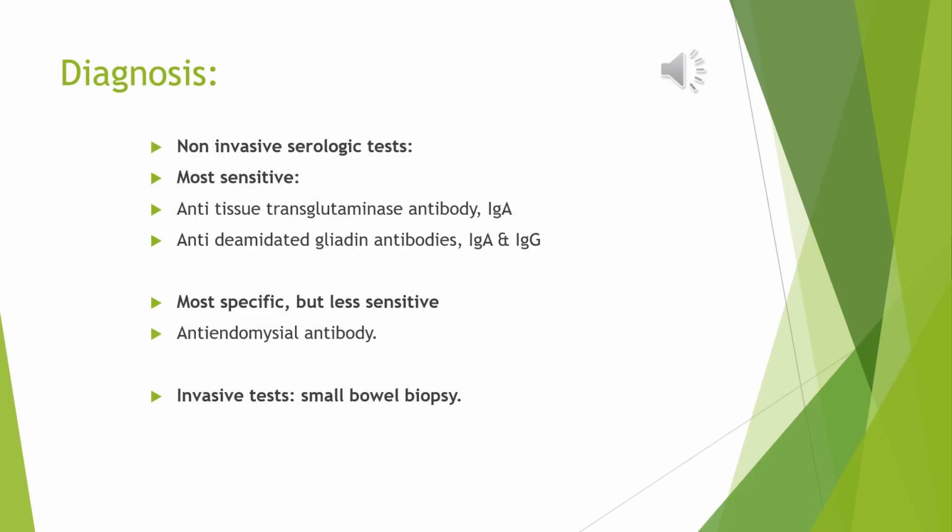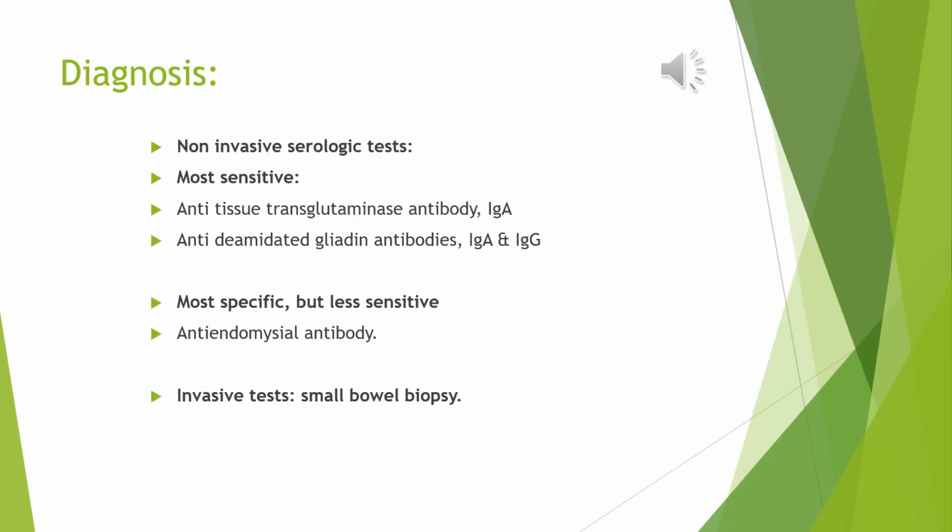Those antibodies are highly sensitive, but they are not specific. The most specific antibody is the anti-endomysial antibody, but the problem with anti-endomysial antibody is that it is less sensitive. So a combination of all of these antibodies is the best practice to diagnose celiac disease.